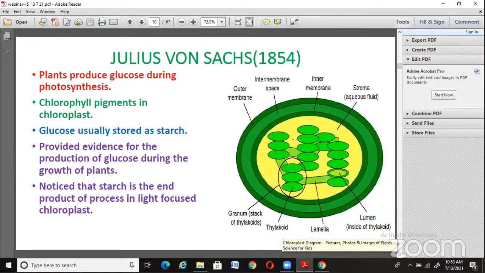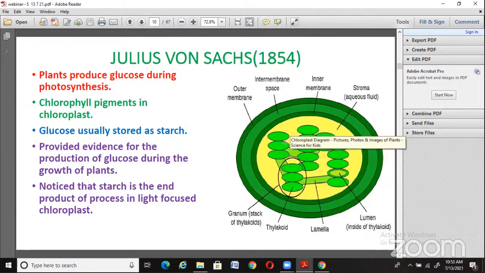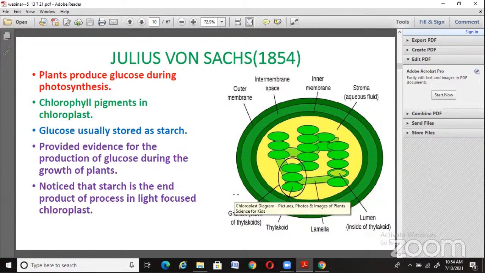In each thylakoid, the pigment material, the color-giving material, is stored. In chloroplasts, pigments like chlorophyll A and chlorophyll B are preserved in these thylakoids.